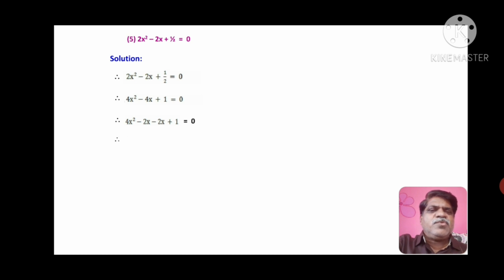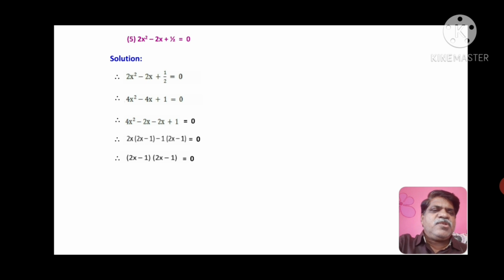In the first two terms 2x is common, so in the bracket what is left is 2x minus 1. Minus 1 is taken out from the third and fourth terms, and in the bracket we get 2x minus 1. Here 2x minus 1 is common, taken out, and what is left in the other bracket is again 2x minus 1.